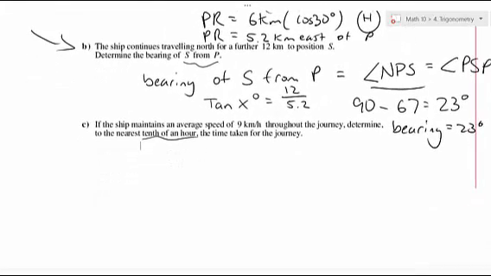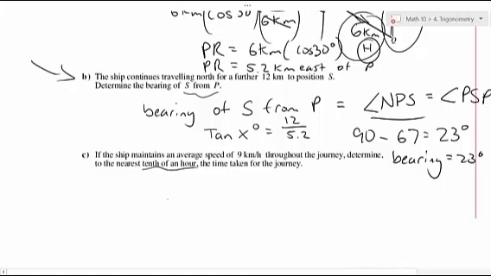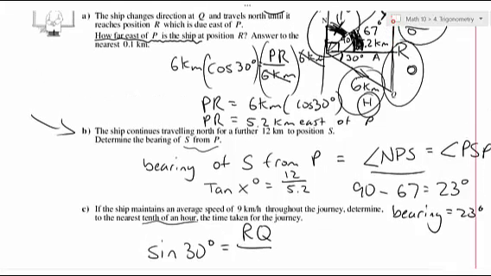Well, we have this and we have this, but we still need to figure out RQ to figure out how long that is. Well, we have a bunch of figures. Why don't we just throw in sine 30 degrees equals RQ over 6, which is this 6 right here.